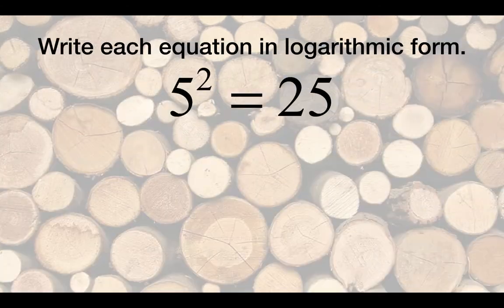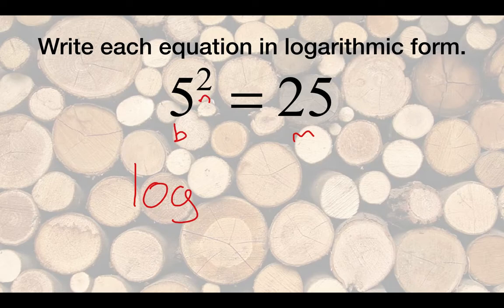So now let's try it with 5 squared. So this becomes log base, in this case our b value is 5, of 25 equals 2. So 5 becomes 25 when you square it.